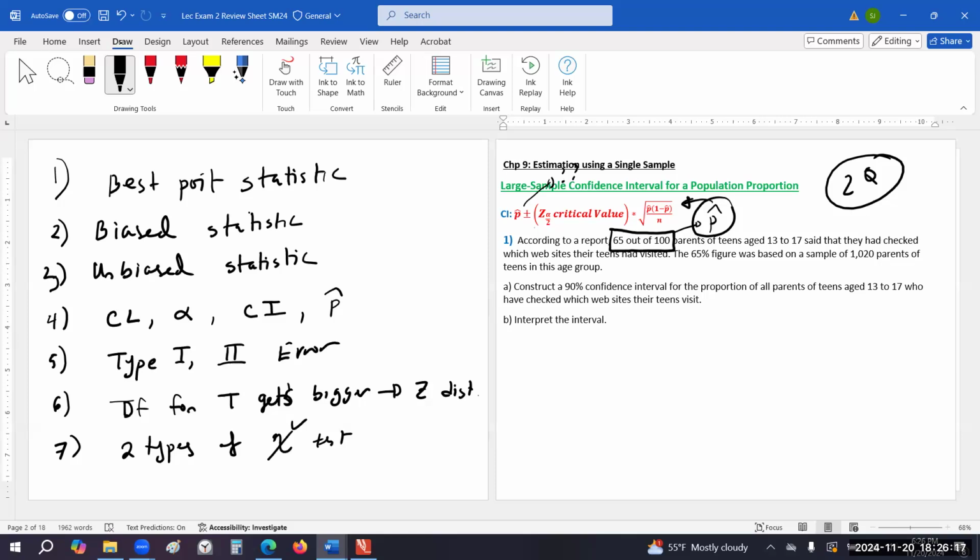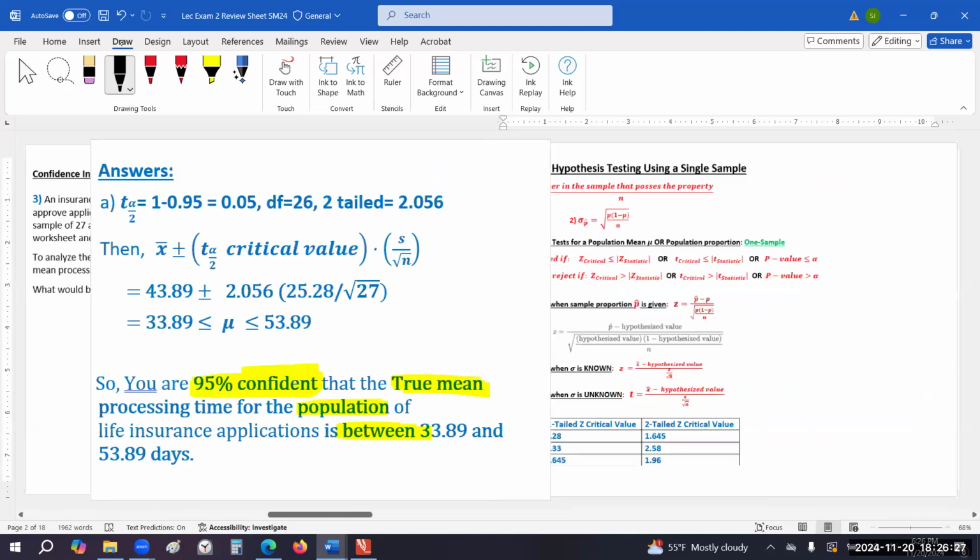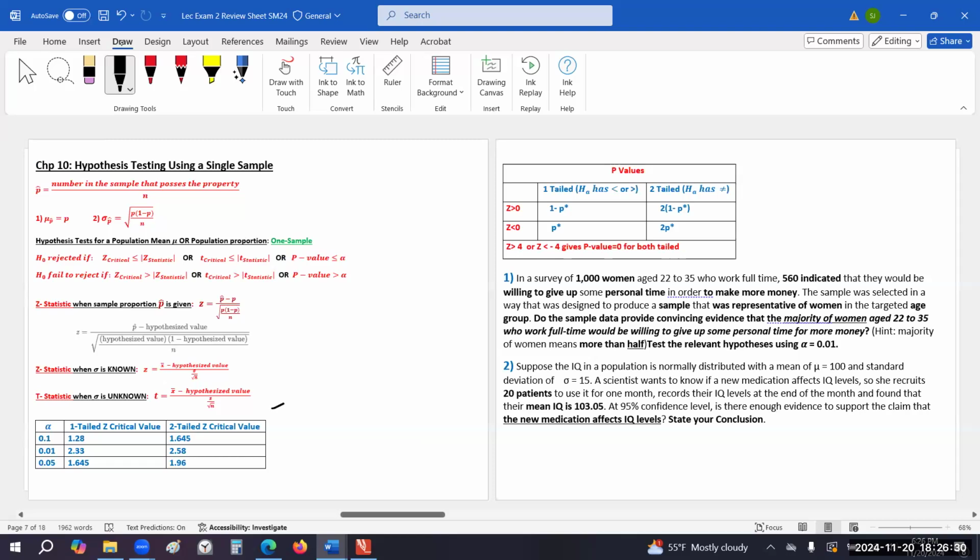And how do you find z critical value? For z critical value, you don't have to find it manually. If you have your table, the table I already gave you here, make sure you have this table. If you are working with one tail, these are the critical values we have based on the alpha level.